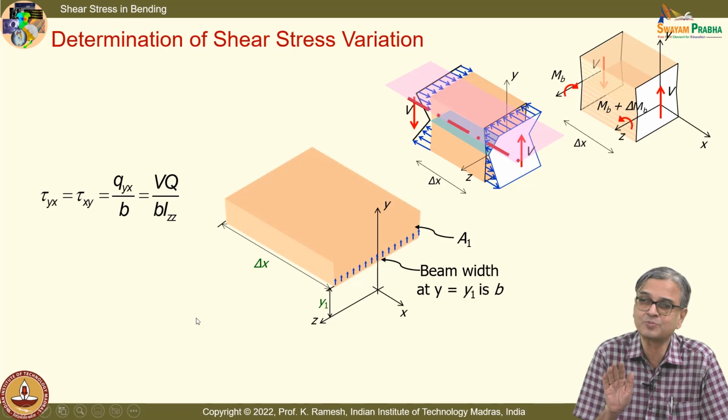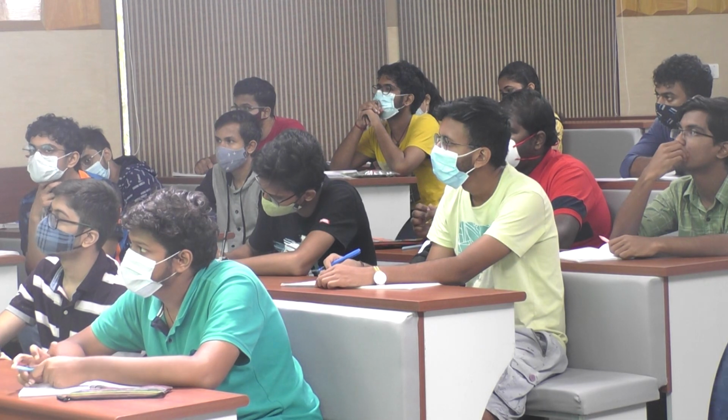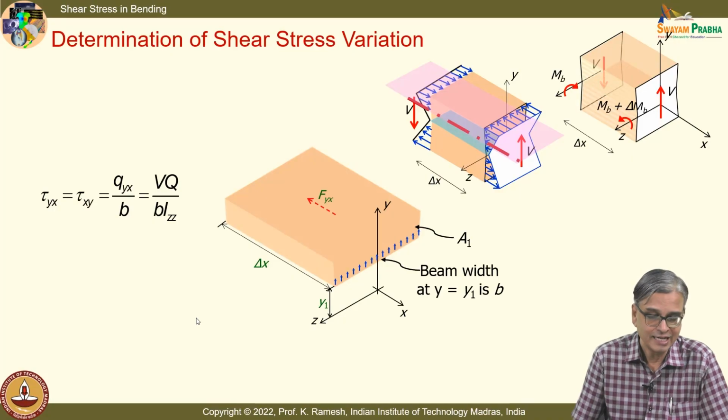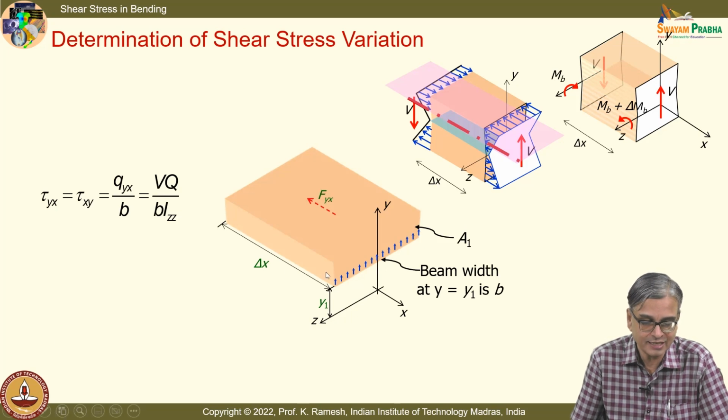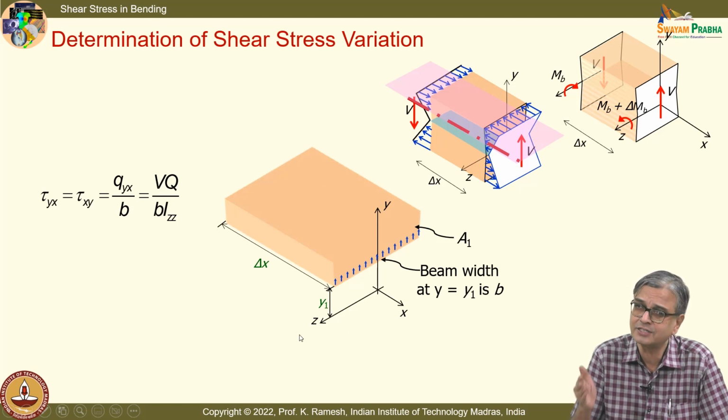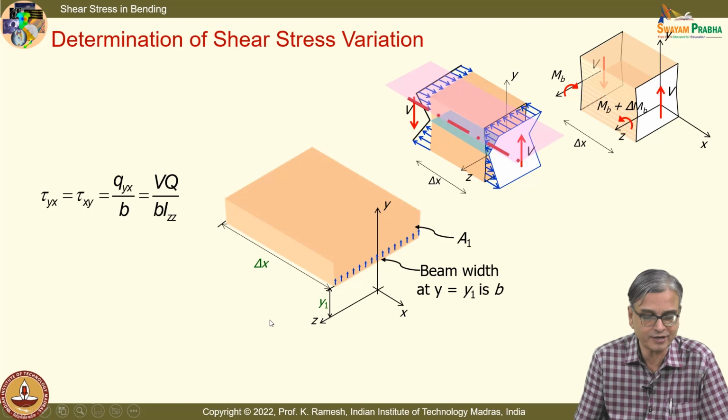Is it going to be smaller or bigger? Is the question clear? That means I have found out what is the shear stress at this cross section. Now I have moved up. You can even say that I have moved up by this distance, the height of the arrow. There Q becomes smaller. When Q becomes smaller, your shear stress also becomes smaller. So I will have a small arrow, and when I go to the top, it is almost close to 0.